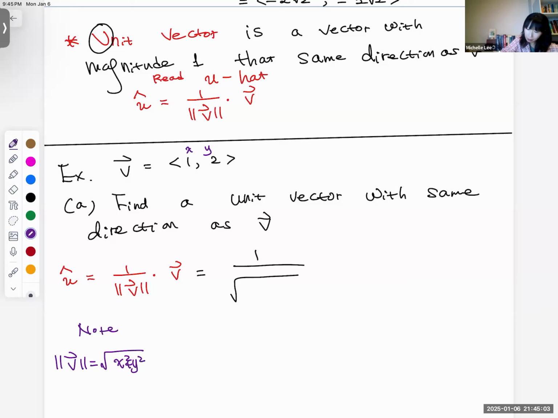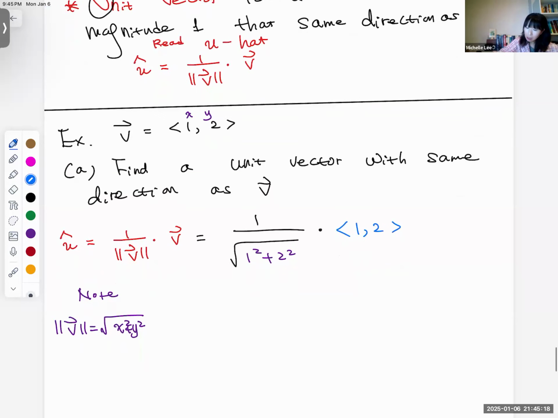So that will be 1 squared plus 2 squared, times vector v, which is 1 and 2, right? In component form, 1 squared plus 2 squared is 1 over square root of 5 times vector 1, 2, right?